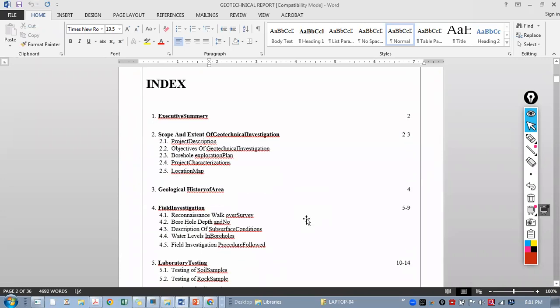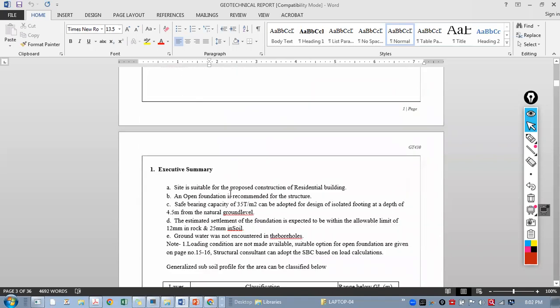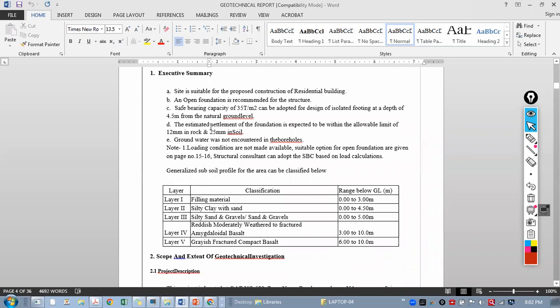This kind of geotechnical report we get for any project, and they give certain information here. You can go through this; I will share it with you. In the beginning, they give a summary in general: the site is suitable for the proposed construction of a residential building, and open foundation is recommended for the structure.